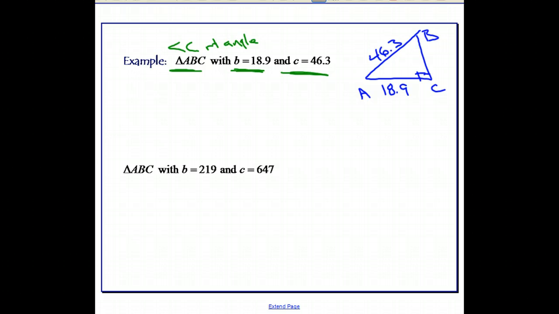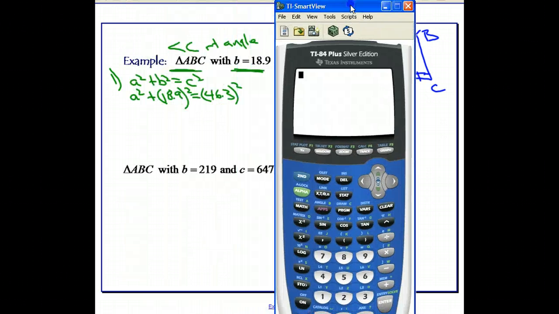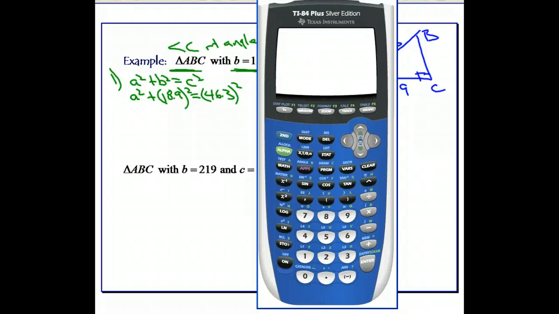All right, we need two angles. We need a side. I'm thinking Pythagorean theorem to get side A. We've got A squared plus B squared equals C squared, Pythagorean theorem. So A squared, I don't know. B squared is 18.9 squared, equals C squared, 46.3 squared. All right, definitely a calculator question. If I go 46.3, I'll square that.